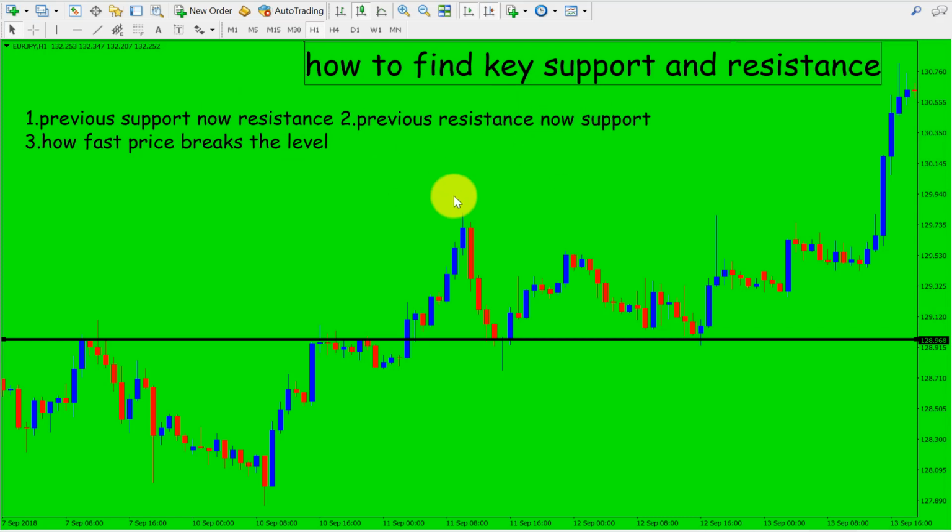And we also will learn how fast price breaks the level, because if we learn how fast price breaks the level, then we can know how we can enter our trades. So we will learn these three things in today's strategy.